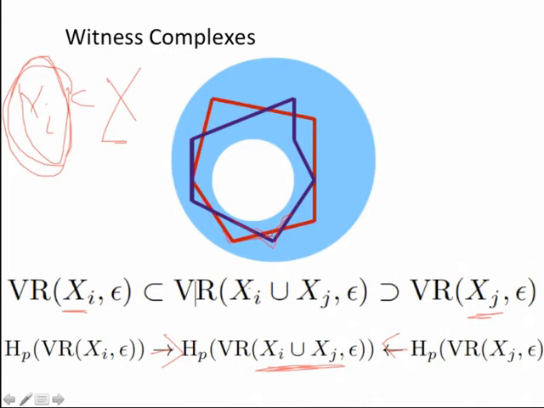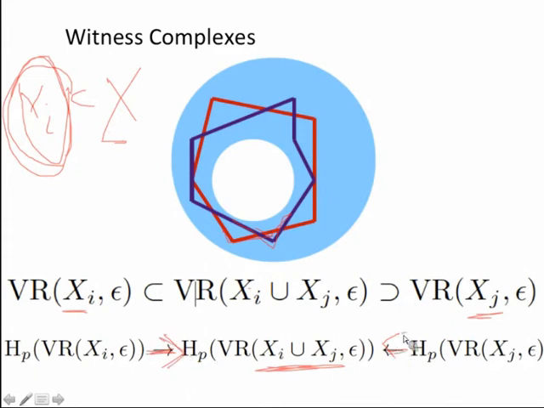It's a good witness, so the cycle is meaningful. We can find it no matter which witness complex, whether we use the witness complex xj or the witness complex created from xi.